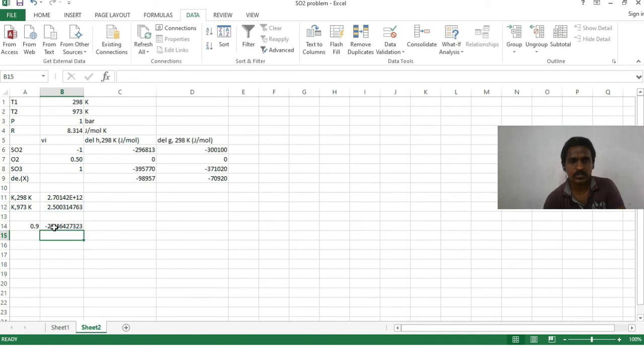I must get 0, but I am getting 0.9. Let me use Goal Seek and What-If Analysis to find the exact epsilon where I am getting this value as 0.